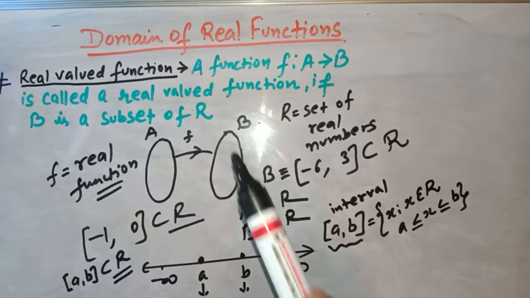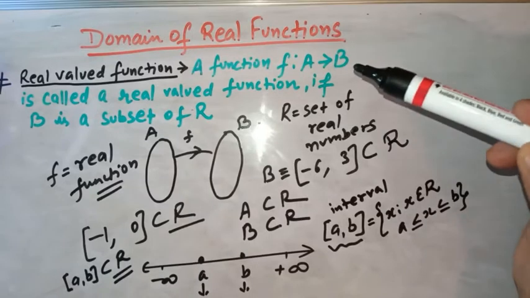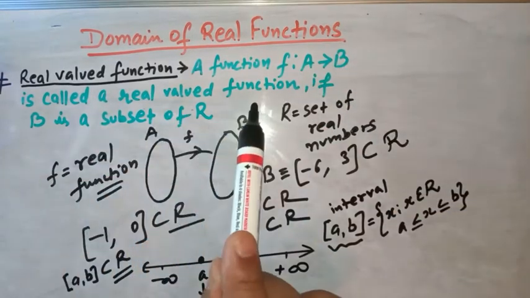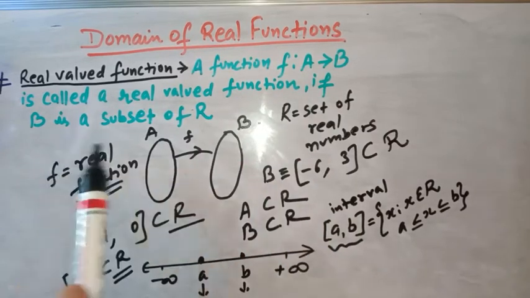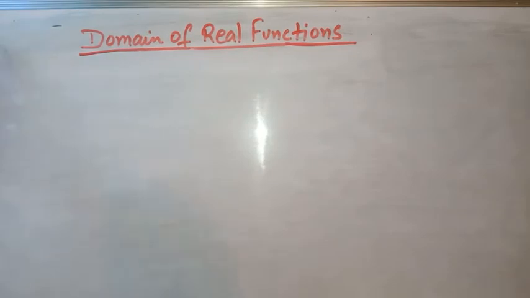Clear? So therefore, what is a real valued function? A function f from set A to B is called a real valued function if B is a subset of R. Clear? Now let us take an example.